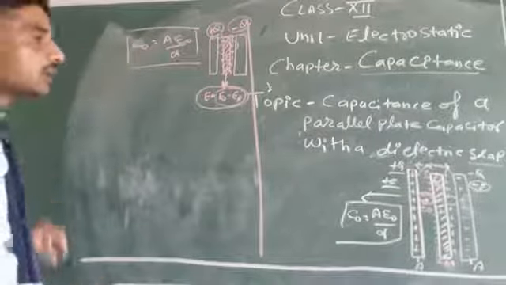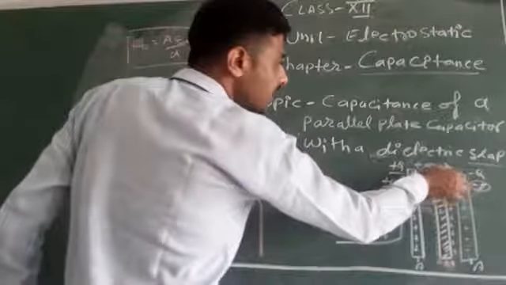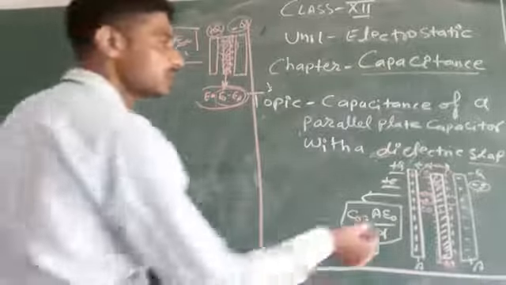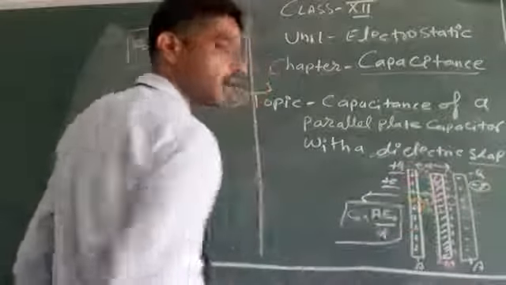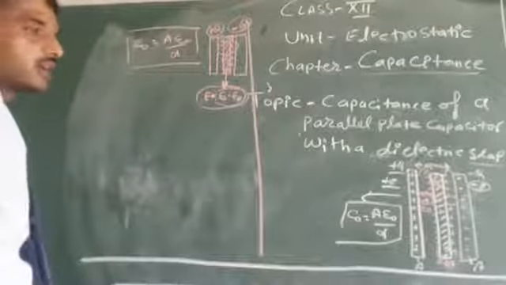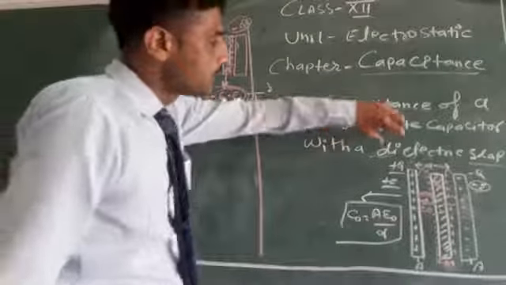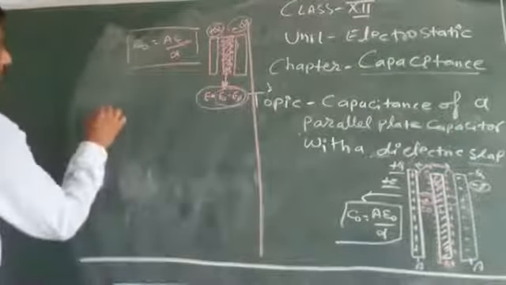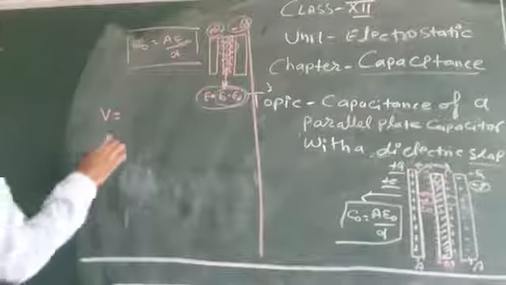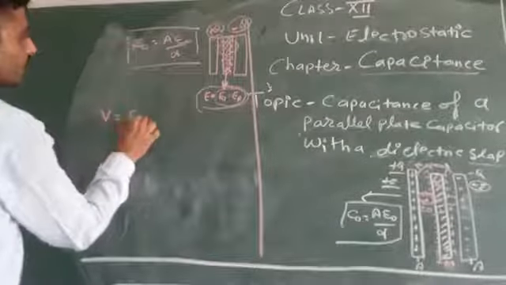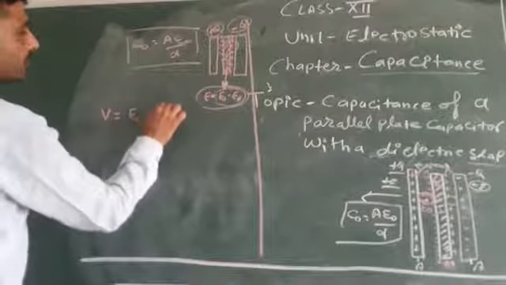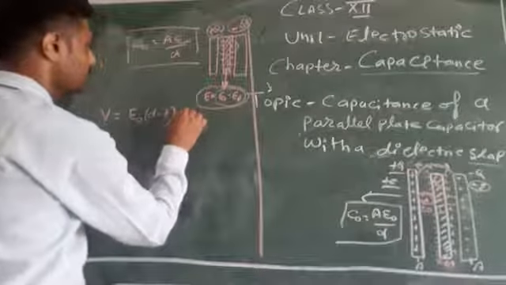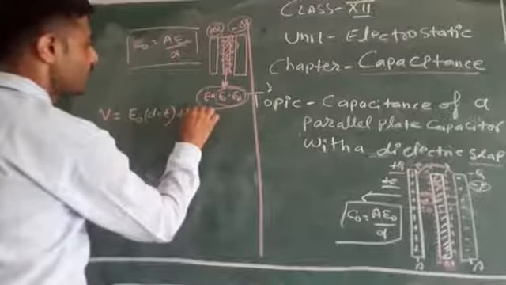Now the electric potential difference for this system of plates. The electric potential difference between the plates, V, is given as E naught times (d minus t) plus E times t.